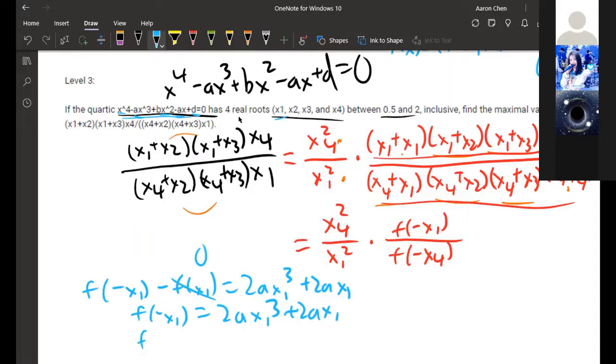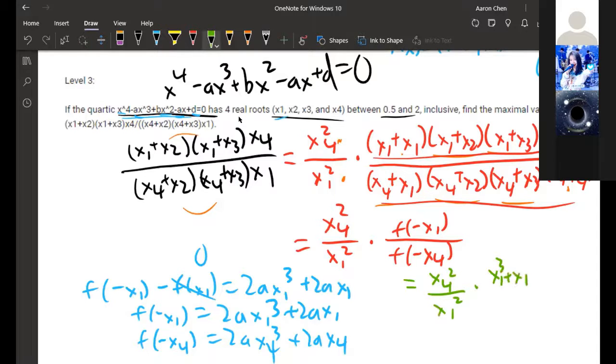And so using a similar method, we have that f of negative x4 is equal to 2a x4 cubed plus 2a times x4. And so that means that this is equal to x4 squared over x1 squared times x1 cubed plus x1 over x4 cubed plus x4.